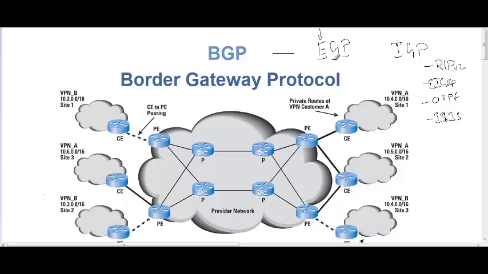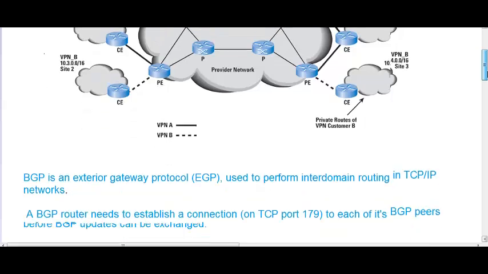Whereas BGP is an EGP protocol, Exterior Gateway Protocol. BGP stands for Border Gateway Protocol. What type of protocol is it? It's an exterior protocol. It is meant to run outside the autonomous system, not within the autonomous system. So it is an EGP protocol.